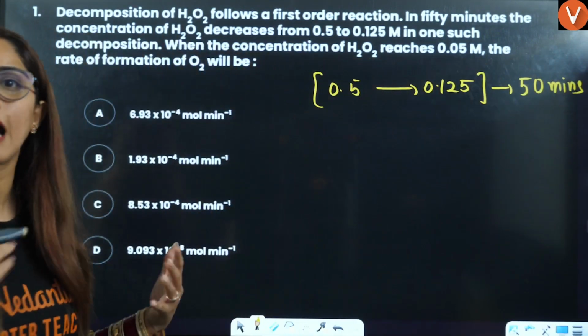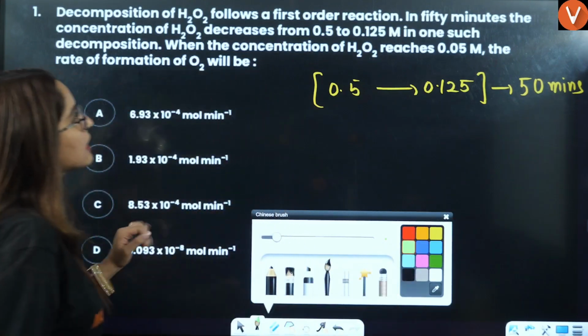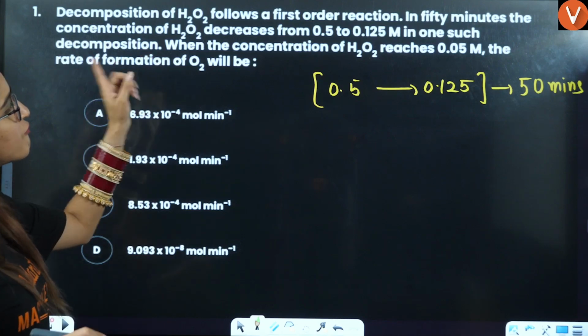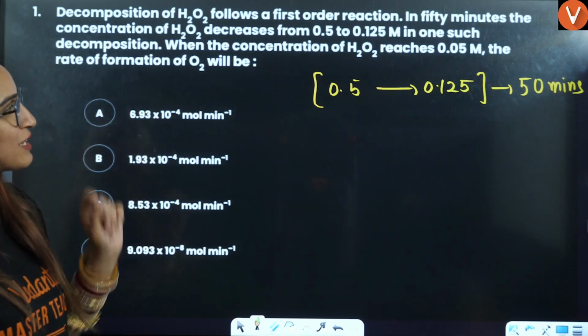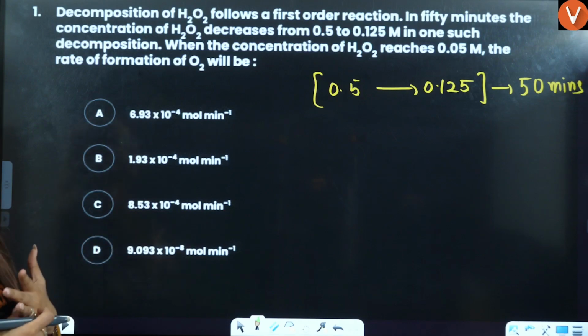It is not a direct formula based question. That is why I have picked it here. Next is, in such decomposition, when the concentration of H2O2 reaches 0.05, what will be the rate of formation of O2?